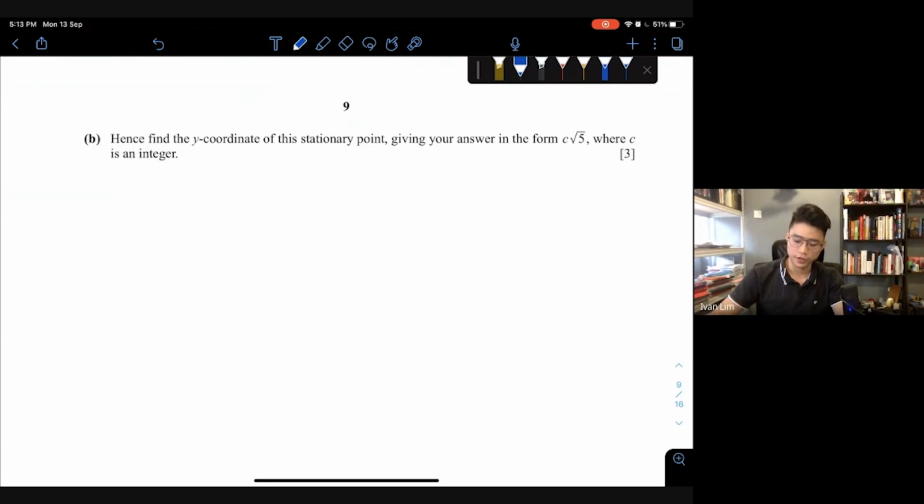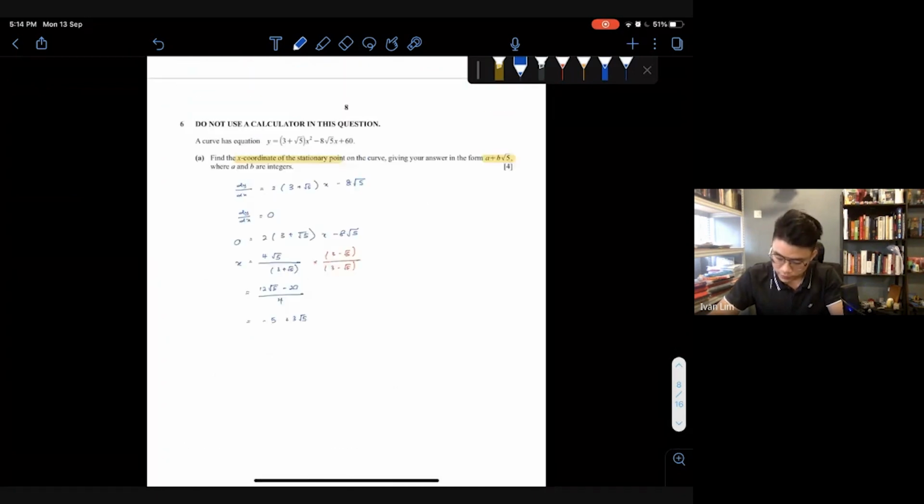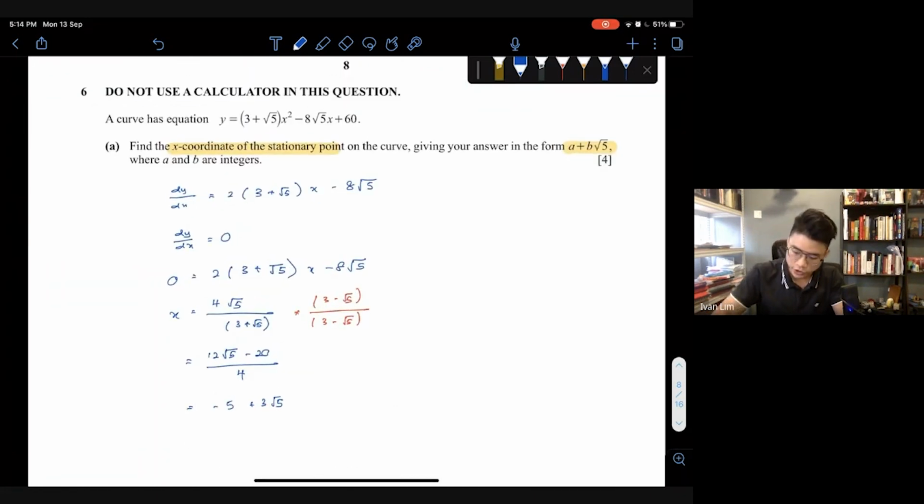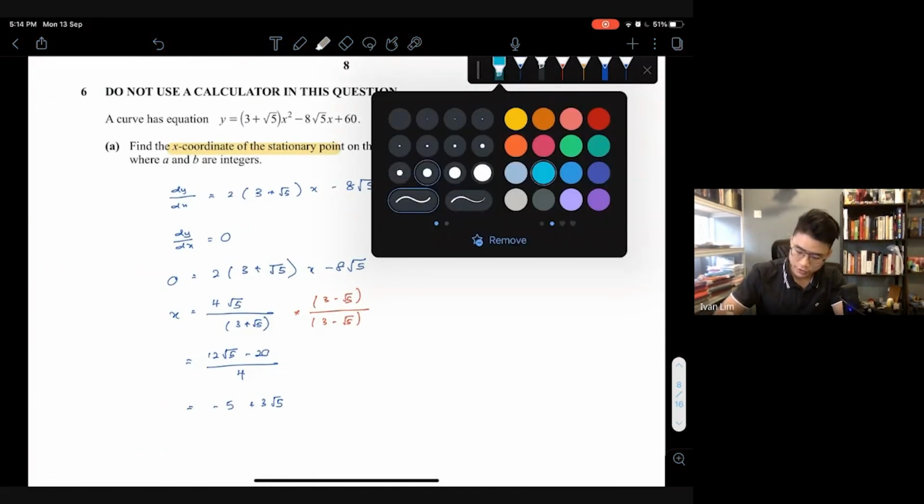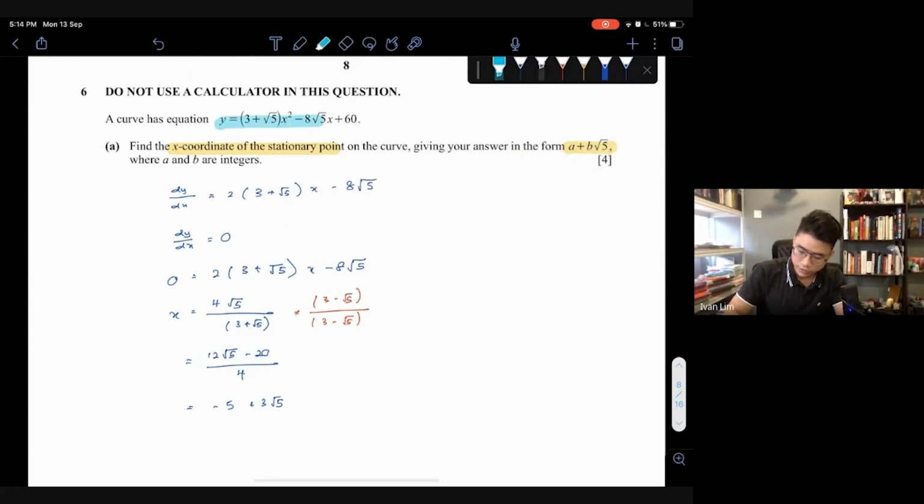Hence, find the y-coordinate of this stationary point, giving your answer in the form c surd 5, where c is an integer. Okay, so we just need to sub in. The question gave us y equals 3 plus surd 5 x squared minus 8 surd 5 x plus 60.